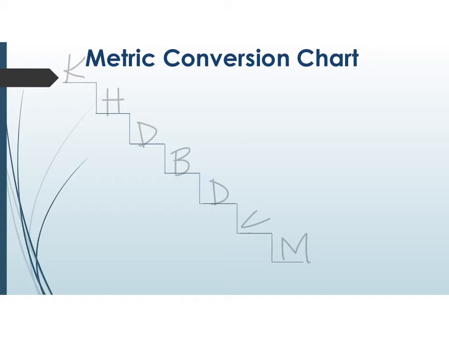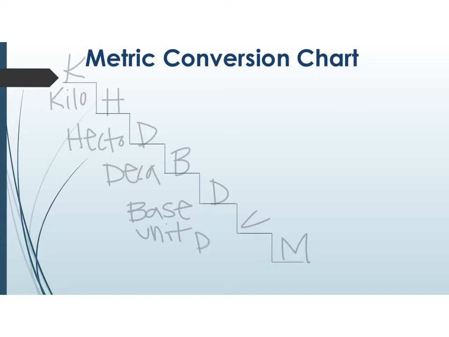And so K stands for kilo, H stands for hecto, D stands for deca, B stands for base unit, which we'll talk about in just a second, D stands for deci, C for centi, and M for milli.